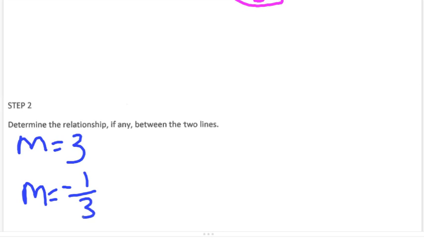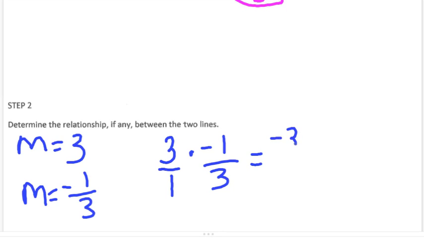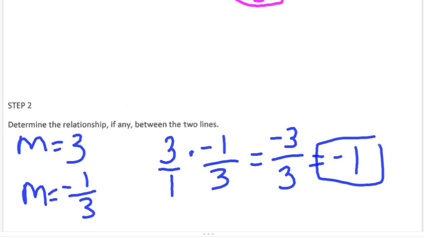Or if we multiply them together, 3 times negative 1 over 3, I'm going to make this a fraction by putting it over a 1. Then this would be 3 times negative 1, which is negative 3, divided by 3, which is negative 1. So remember, if the product of the two slopes is negative 1, then the two lines are perpendicular.